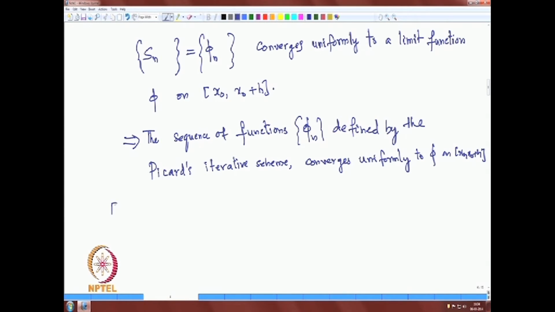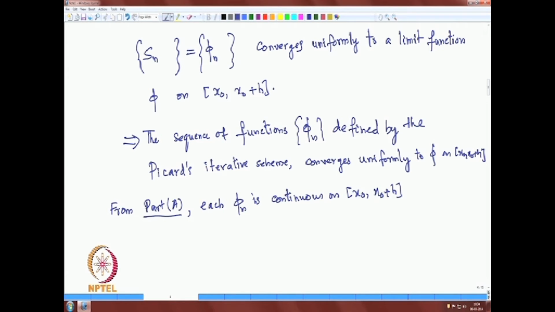And also from part A, which we have proved, each phi n is continuous on x0 plus h. So the sequence of functions converges uniformly to phi and each phi n is continuous.